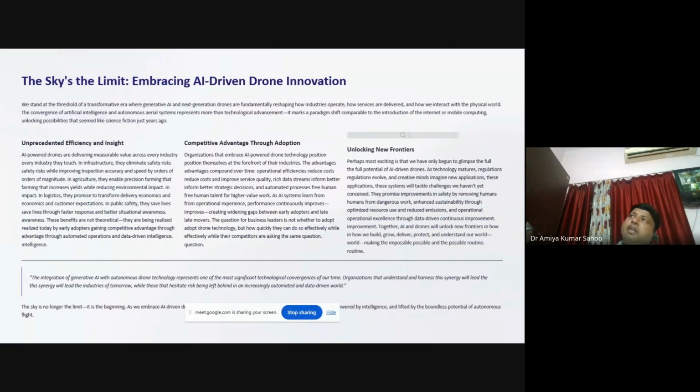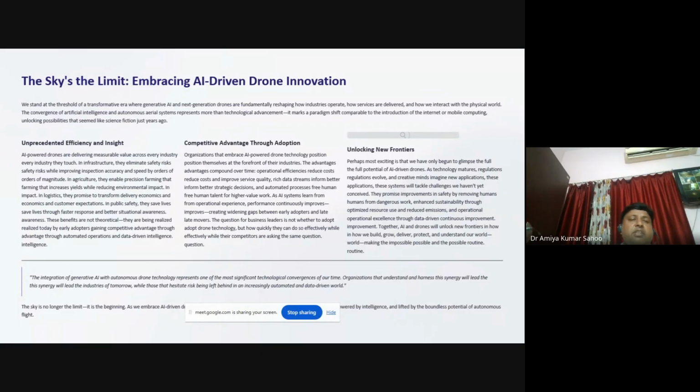We stand at a threshold of a transformative era where Gen AI and next-gen drones are fundamentally reshaping how industries operate, how services are delivered, and how we interact with the physical world. This is very important, friends.